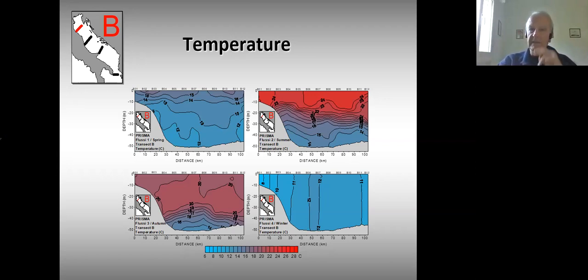Here is, for example, the vertical distribution of temperature in this transect. You start from the coast and go toward the open sea. This is the coast here, and the open sea is here. Here you have depths only up to 50 meters. This is a spring season.